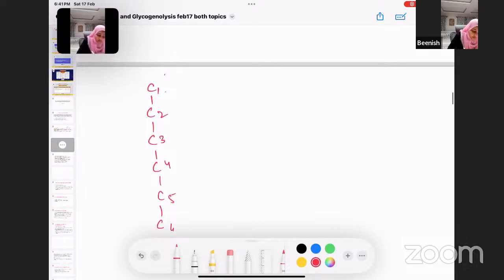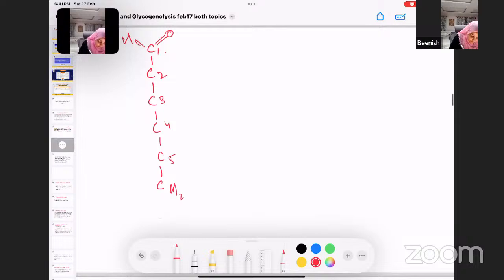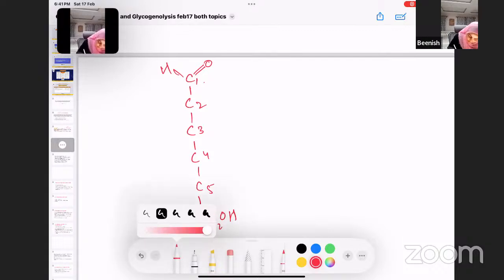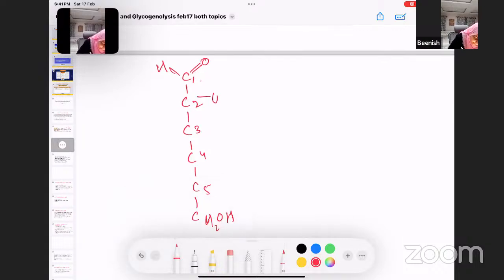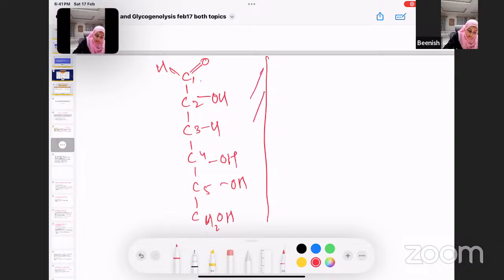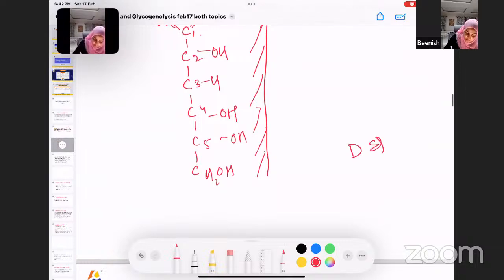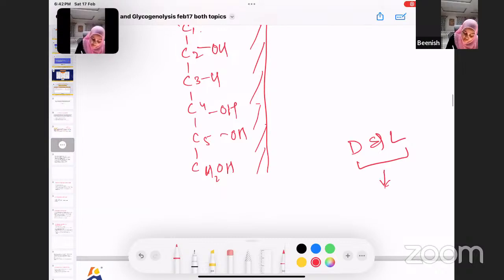This has your aldehyde group, and then you have all the hydroxyls placed here. And then D and L, basically D and L, these are mirror images. These two forms are mirror images of each other.